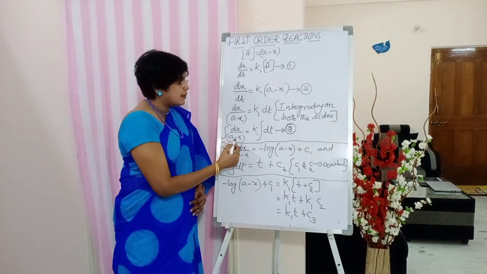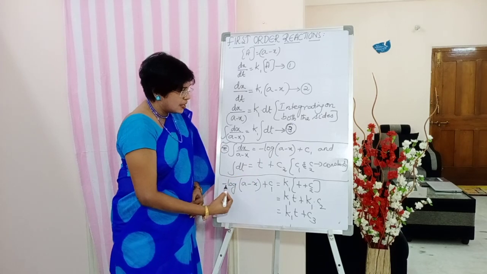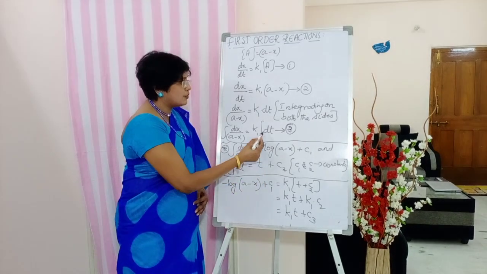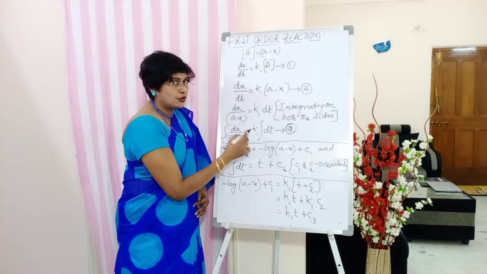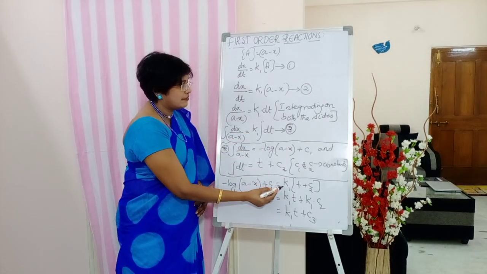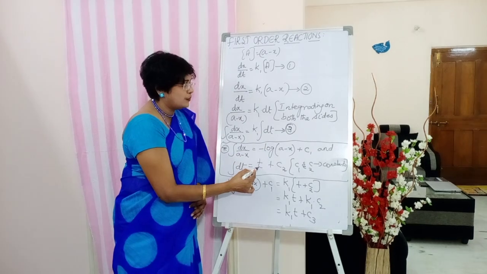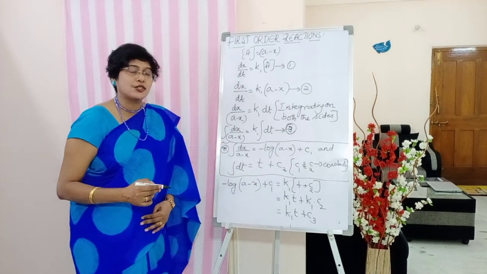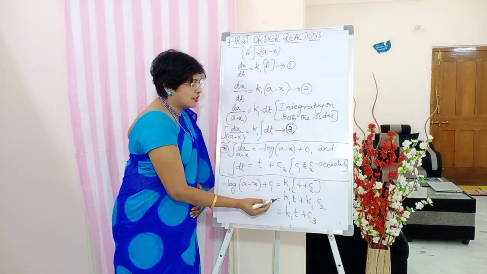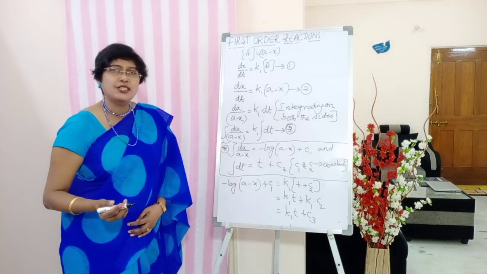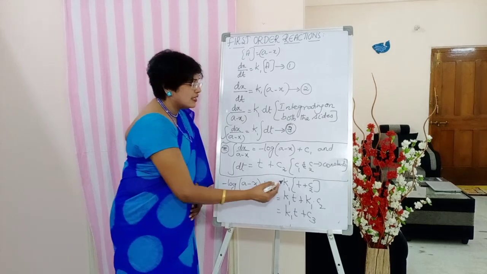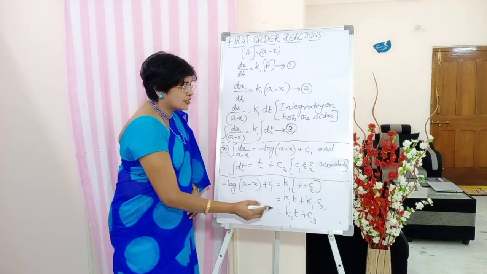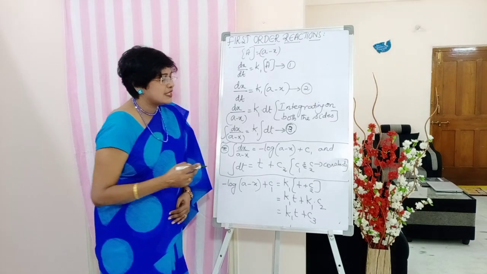Integral dx by a minus x value, we have it as minus log a minus x plus c1 is equal to k1. See, k1, don't forget k1. Integral dt value, we have it as t plus c2. So, k1 into t plus c2. Right? Now, open the brackets, k1 into t, k1t plus k1 into c2, k1 c2. Okay? Is equal to k1 into t plus c3.